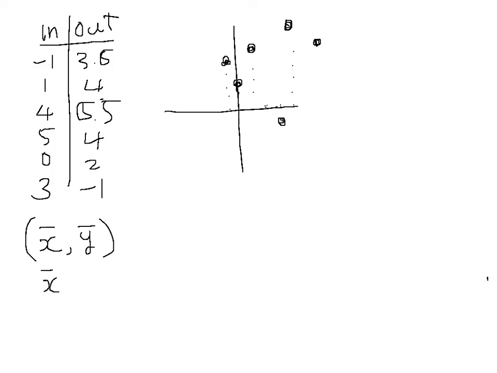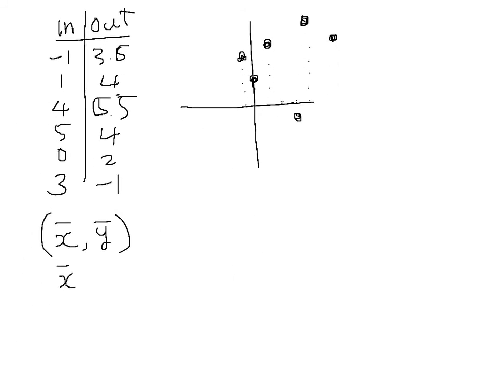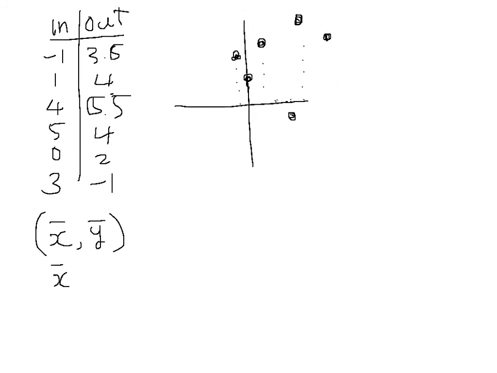That's 12. 12 divided by 6, because we have 6 numbers. I didn't need a calculator. So x bar is 2. For y bar, add these together: 3.5 plus 4 plus 5.5 plus 4 plus 2 is 19, and subtracting 1 gives 18. 18 divided by 6 is 3. So our balance point is 2 and 3.